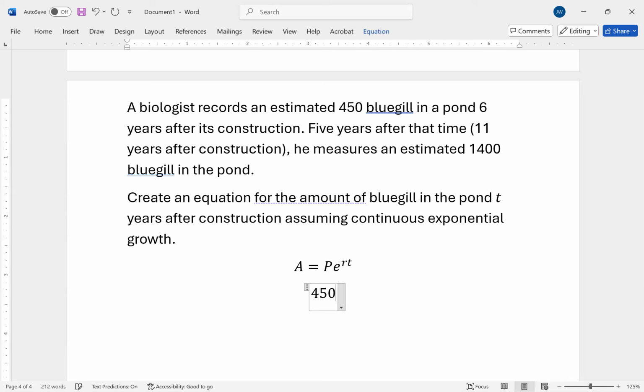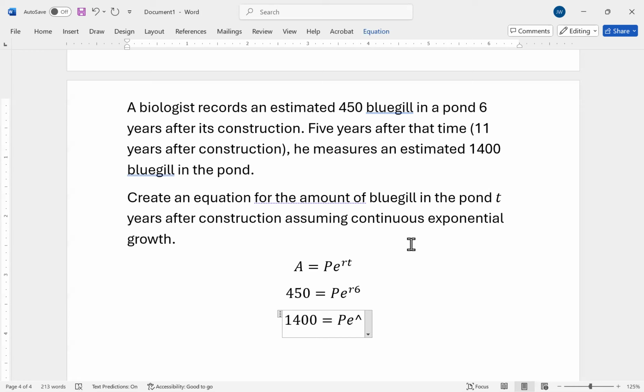So we have 450 are in there 6 years after construction. That means 450 is equal to P times e to the R times 6. And then 1,400 bluegill, that's fish.